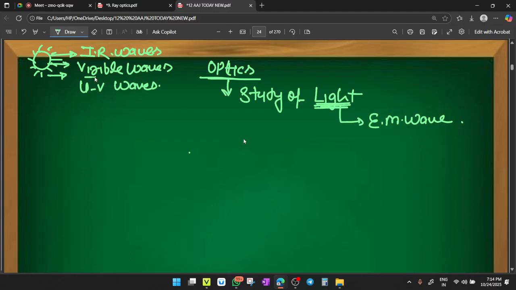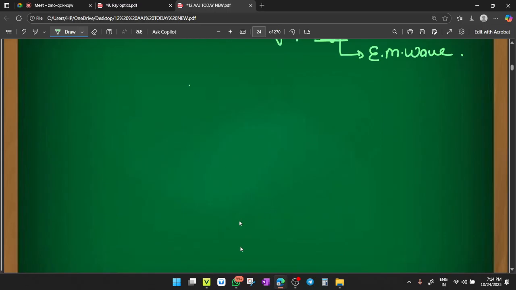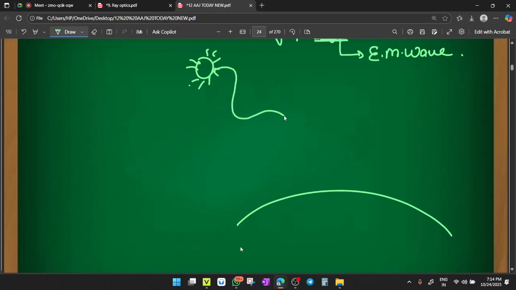The visible waves radiated from the sun come to the earth in the form of electromagnetic waves, and the direction in which light is propagating is a straight path.